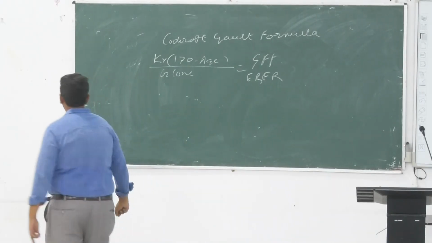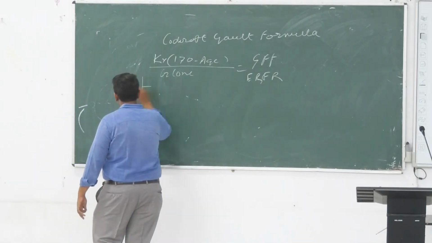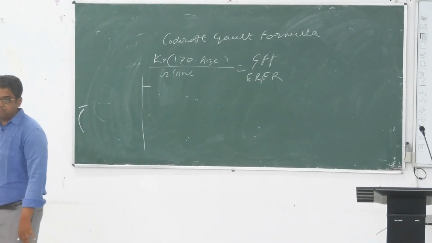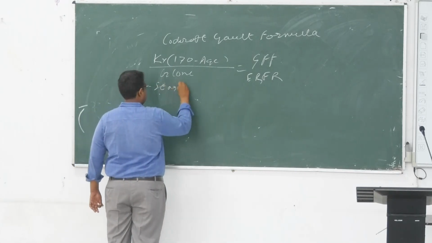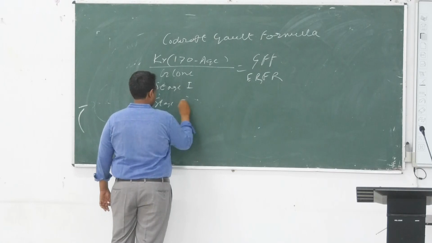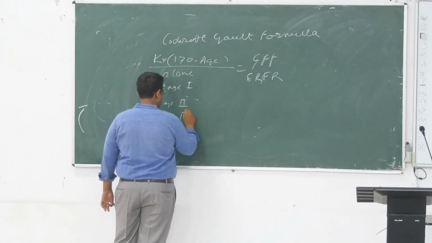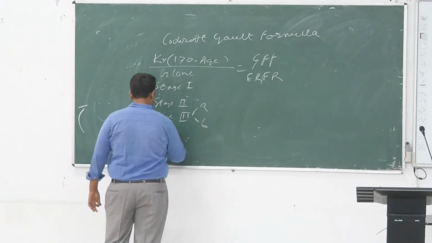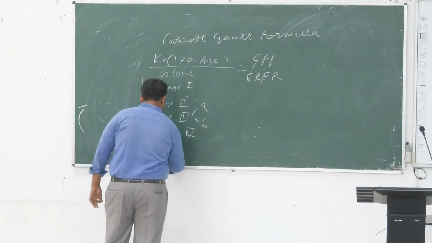And with this formula, we have been able to classify renal disorders into 5 classes. Stage 1, Stage 2, Stage 3, A and B, Stage 4, and finally Stage 5.